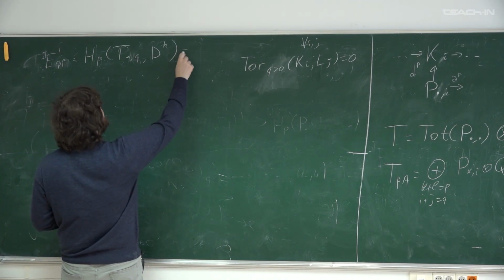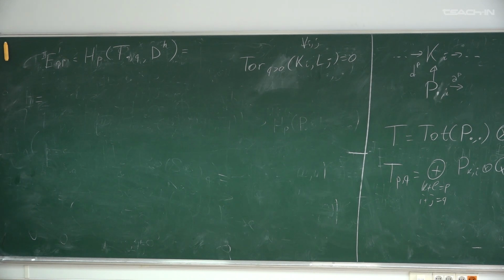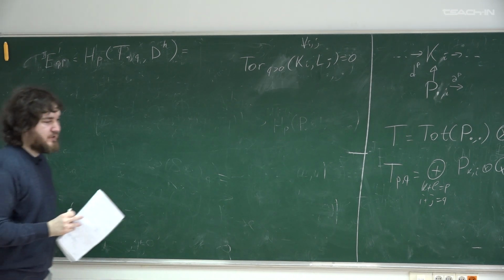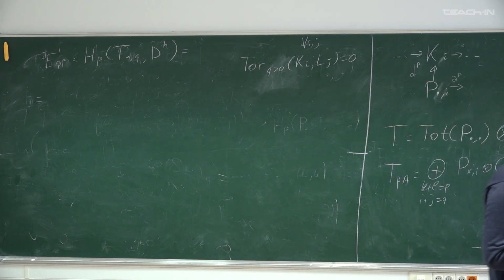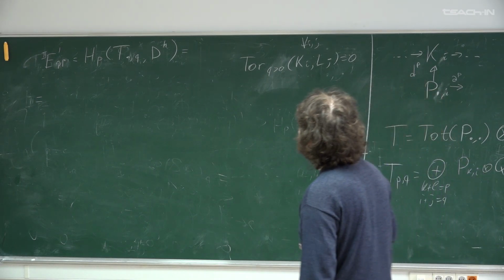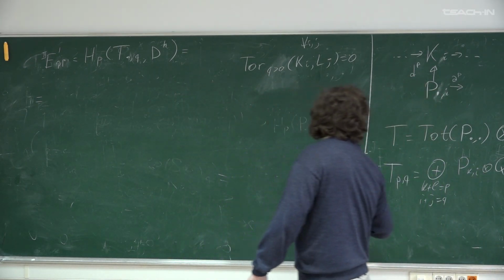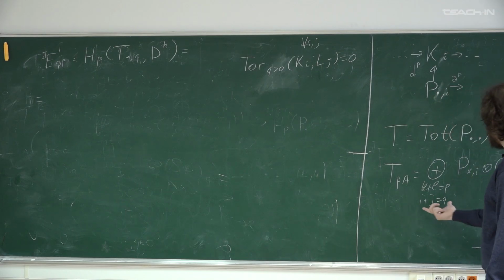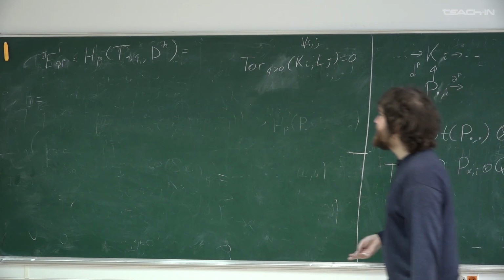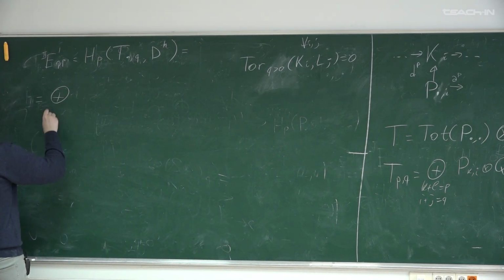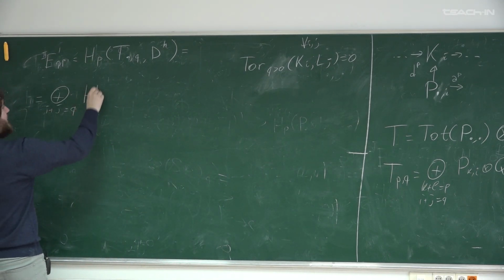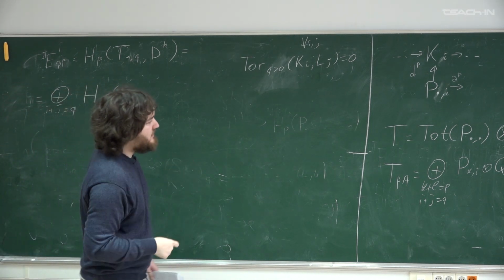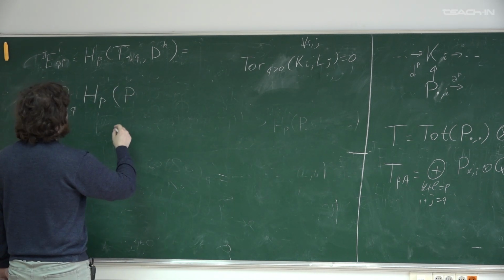And what is it? What are the homologies of the horizontal differential of this double complex? No, I fix my Q, so I can use this Q. I can move this direct sum of Q from the homology. So in fact, it's just the direct sum over I plus J is Q, P homology of tensor product P.